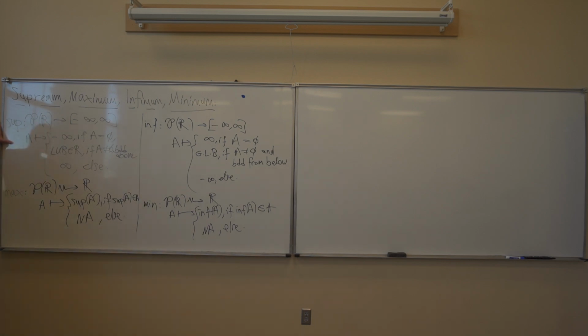So, supremum we had defined last week on Friday. It's a function that takes as inputs subsets of the reals, and as outputs gives you an extended real number, possibly minus infinity or positive infinity. It is defined like this. If A is empty, it gives you minus infinity.